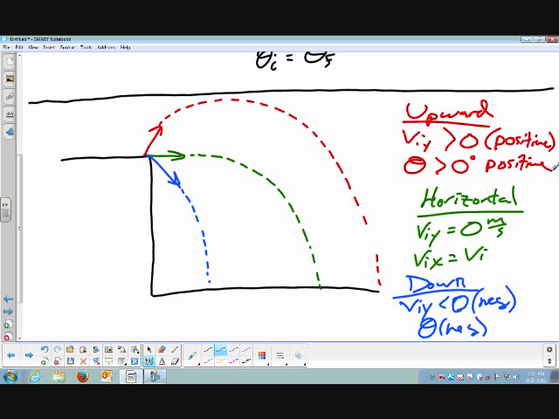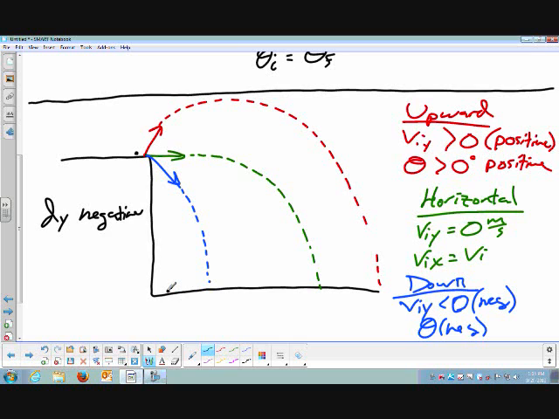One more thing to consider. In this situation, my displacement in the y direction is going to be negative, meaning if I start up here and I end up down here, my overall change in the y direction is negative. My final y position is less than my initial.